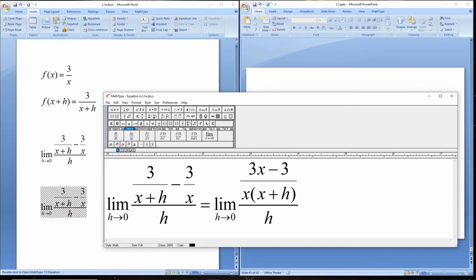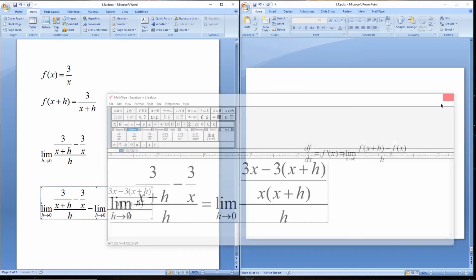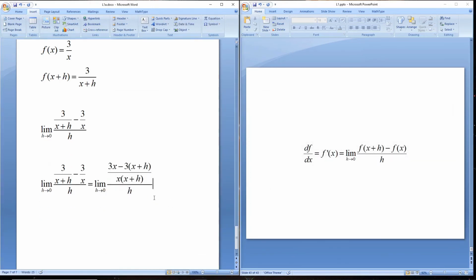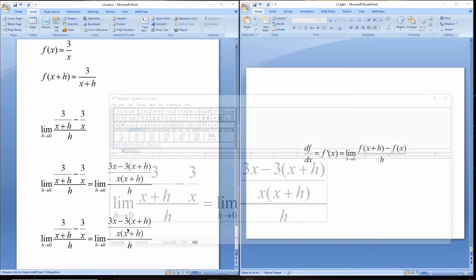So we'll have minus 3 times x plus h. So just adding those together with a common denominator. Getting pretty messy looking. So let me rewrite this mess.